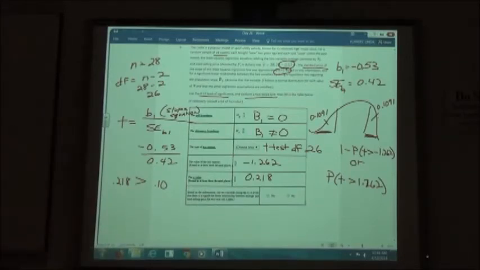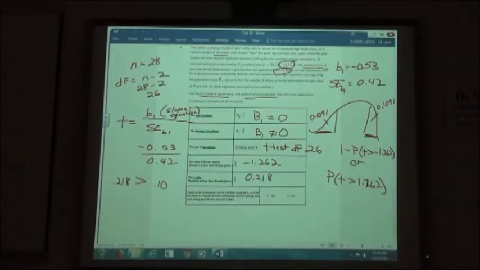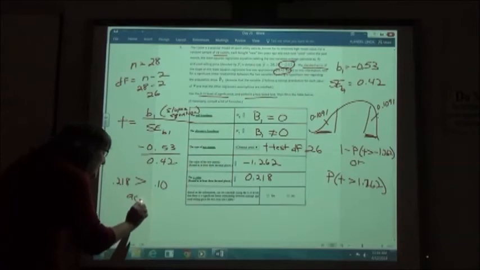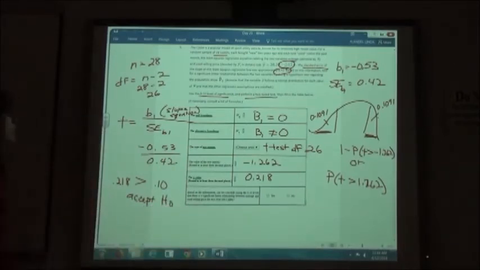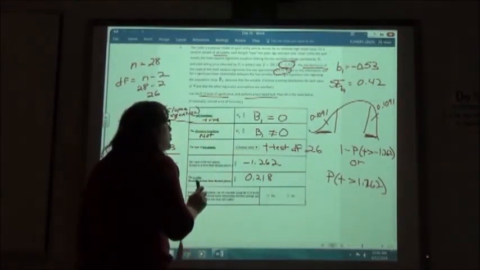If my p-value is greater than my level of significance, then what am I going to do with my null hypothesis? Should I reject the null or should I accept the null? Hopefully you remember from all our other hypothesis testing, if the p-value is greater, I have a higher percentage than the level of significance, then I'm going to accept whatever the null statement is. Accept the null. This is my true statement. This one then is not true.